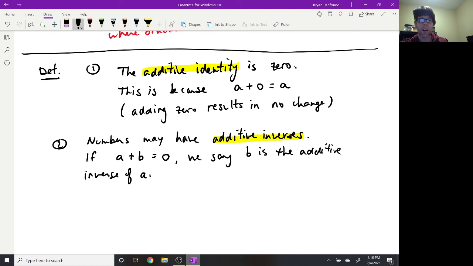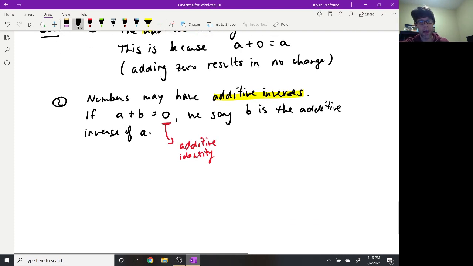You can think about the additive inverse as like the opposite of the addition operation. It's going to be the opposite number. So if I start with a number and I add b to it to get to 0, which is the identity element for addition, then we say that b is the additive inverse of what we started with.